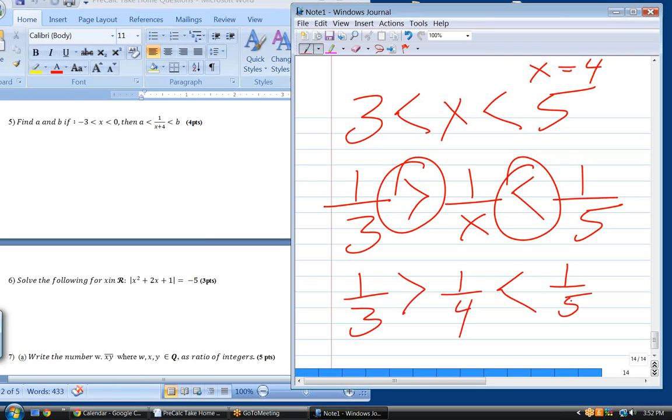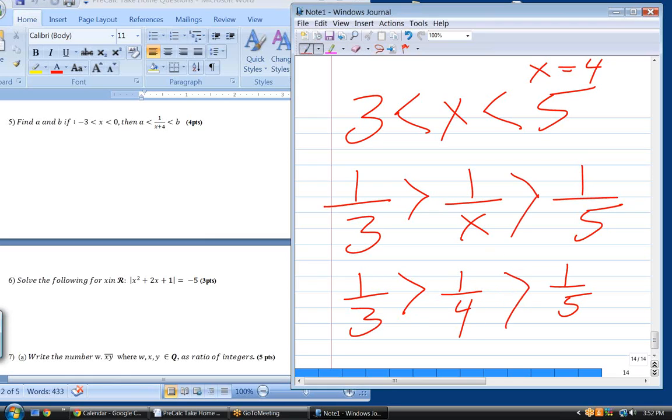Hold on, that's not right. 1/4 is greater than 1/5. So this would indicate that I would change the sign on both, which is what I thought in the first place. But for some reason, that was incorrect as well.